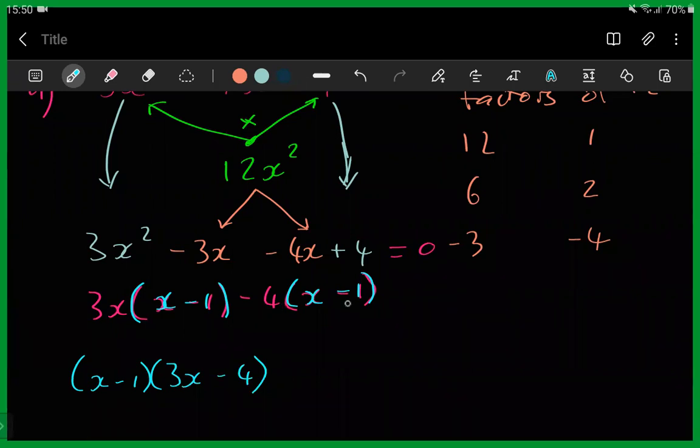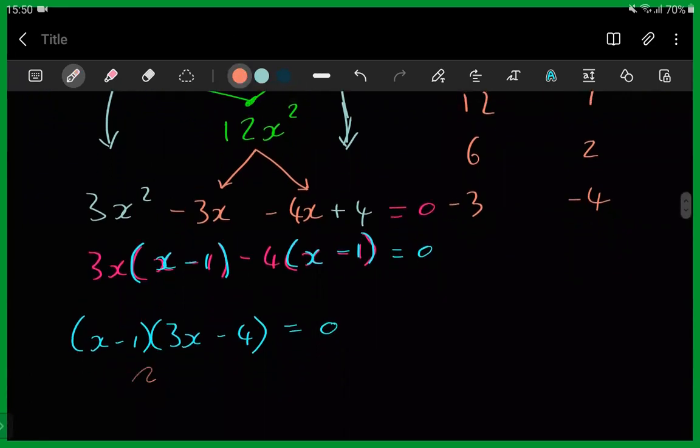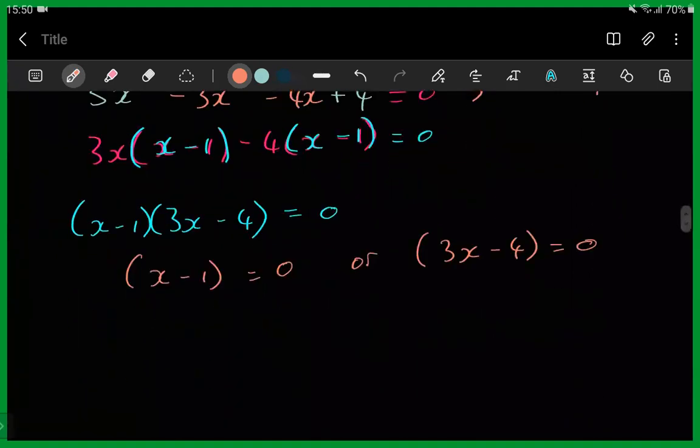And then this is equal to 0 still. So since it's equal to 0 and you're solving for x, you can easily see that it's obviously going to be the first bracket equal to 0, or the second bracket equal to 0. There you go.